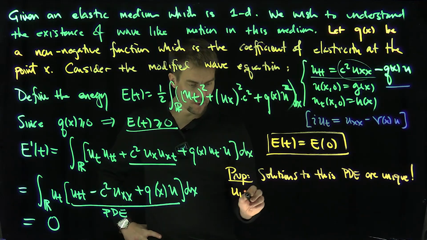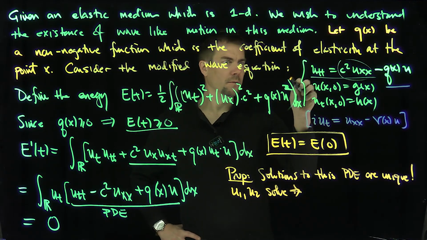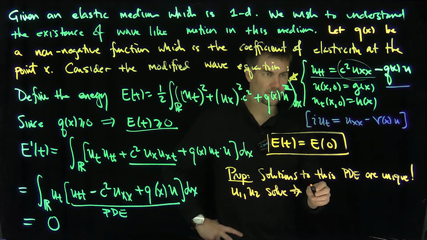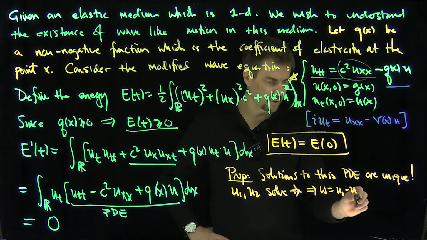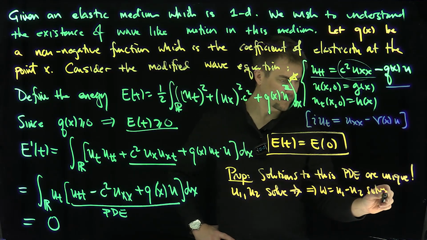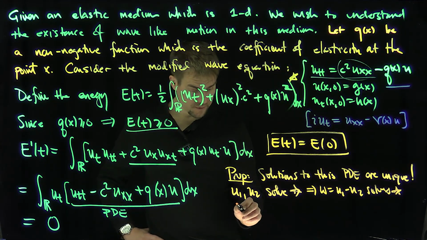If u1 and u2 solve, let's call it star, solve star, then so does, since it's linear, w equals u1 minus u2 solve star with 0 initial conditions.